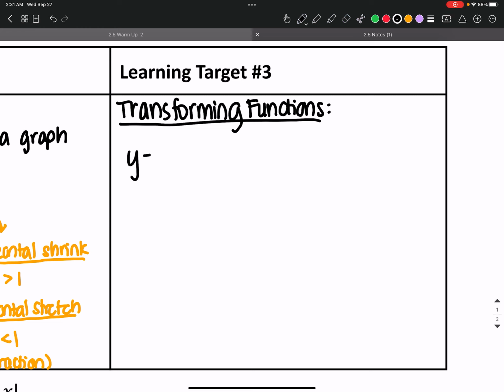And that is y equals plus or minus some coefficient a times f of x, except we have some stuff that could be inside. So f of, there might be a coefficient b, and then I would multiply that b times x minus h.